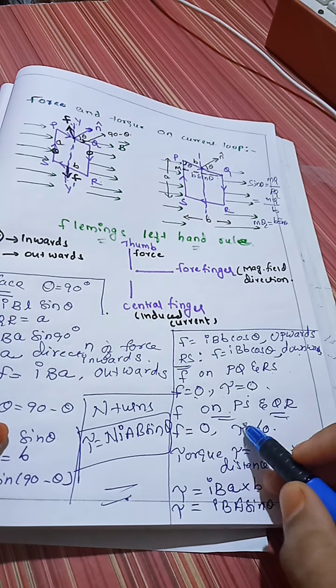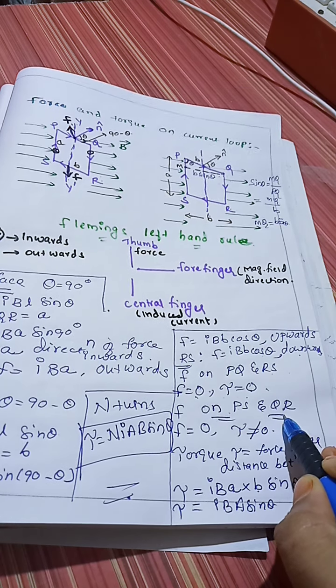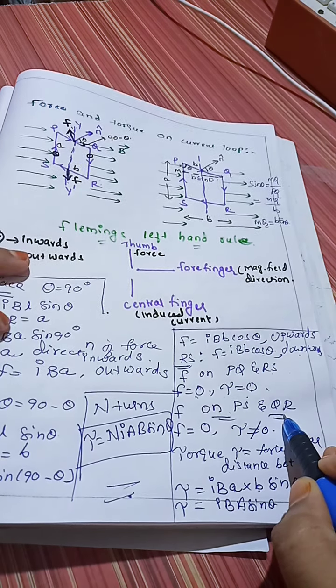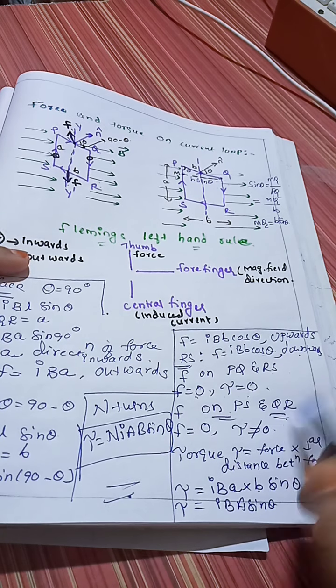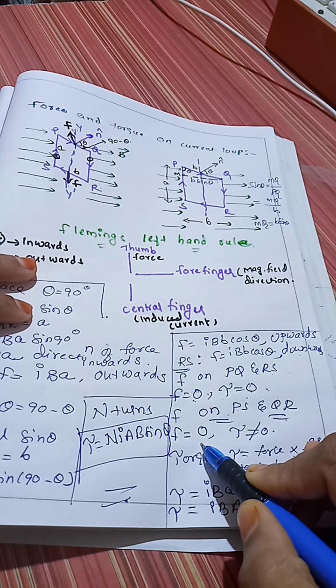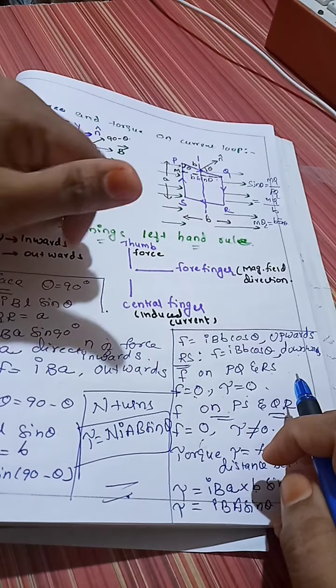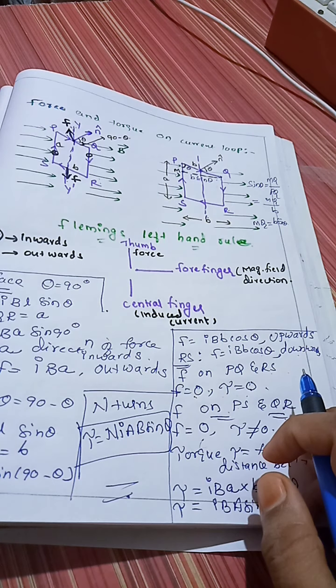Now if we take the net force on the PS and QR faces, both have the same magnitude IBA, but in opposite directions. So here also the net force will be equal to 0. But here one force is acting inwards into the paper, the other force is acting outwards from the paper.